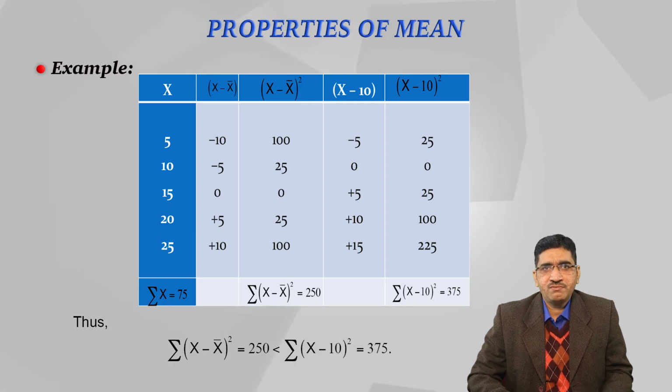If we square these deviations, the squares of deviations from the random value 10 are 25, 0, 25, 100 and 225, and the sum of squares of deviations from this other value, that is an assumed or constant value, is 375. So here we can see that the sum of squares of deviations from the arithmetic mean is lesser than the sum of squares of deviations taken from any other value of the data.